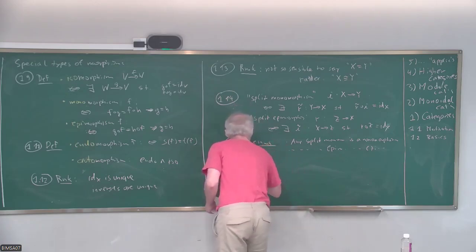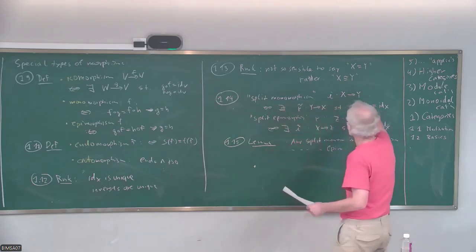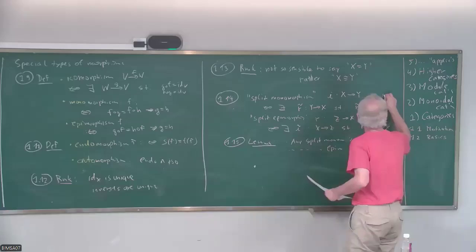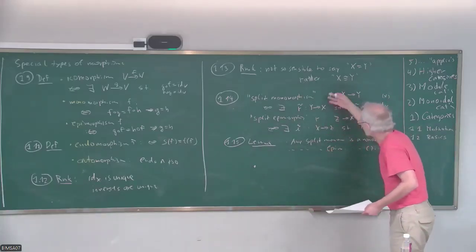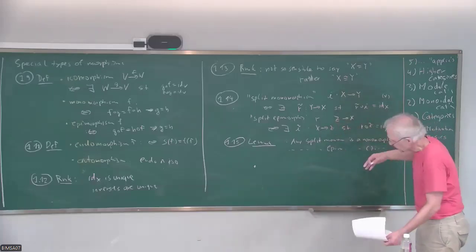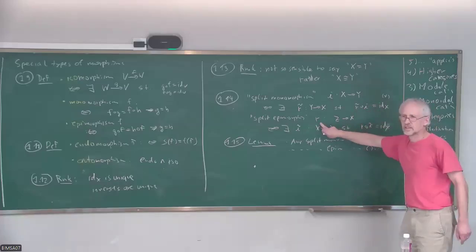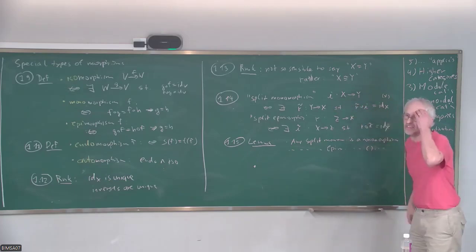Also, it is clear that if you have such a combination, say this one I and R tilde, you can take this R tilde as an R here, and the I tilde will then be equal to the I here.